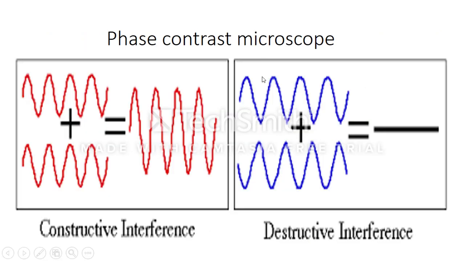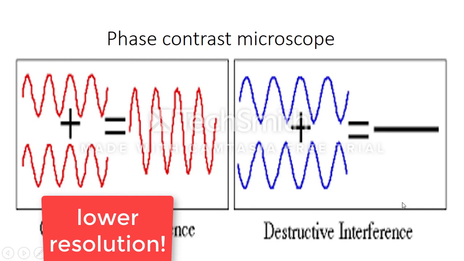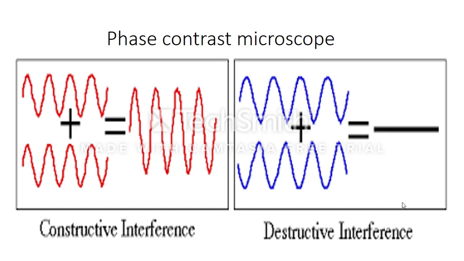So looking here at the phase contrast microscope, here we're simply using constructive interference and destructive interference to get a better image. It's actually going to help with the resolution. So with constructive interference, we are going to get a lighter image, and with destructive interference, we are going to get a darker image.